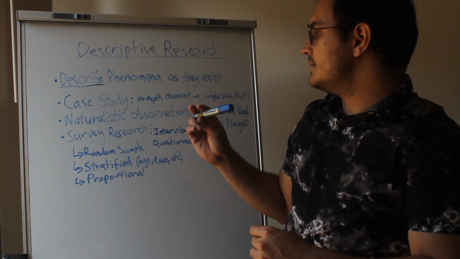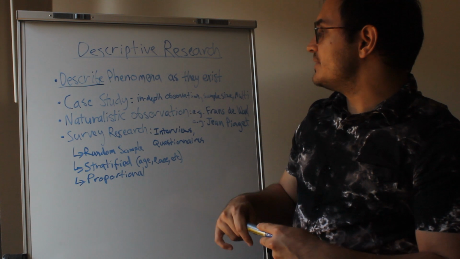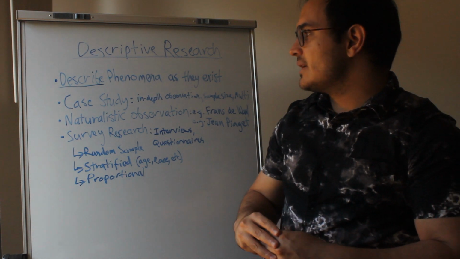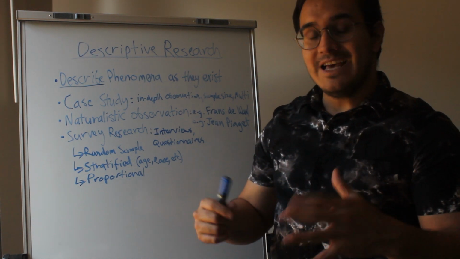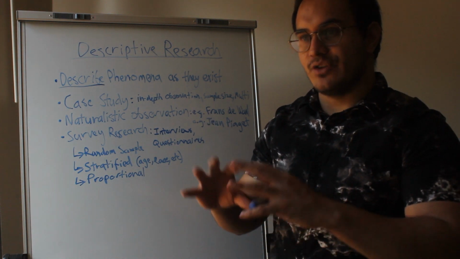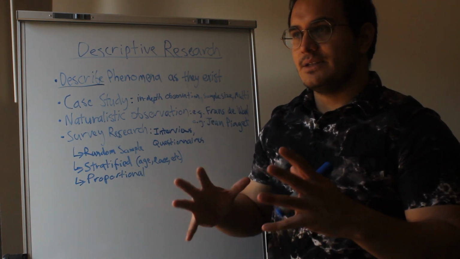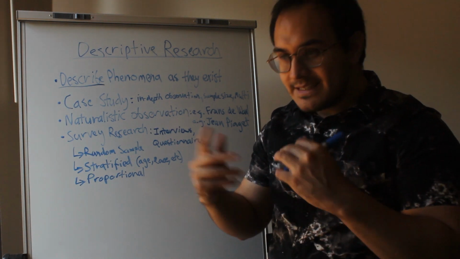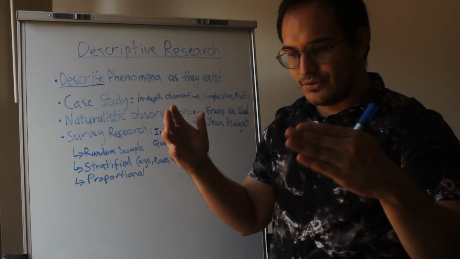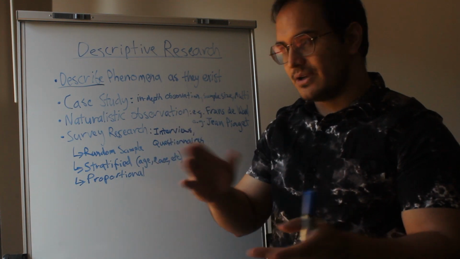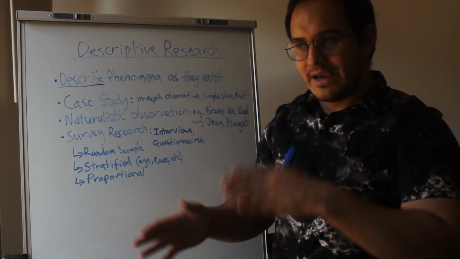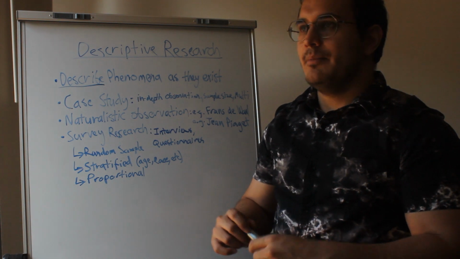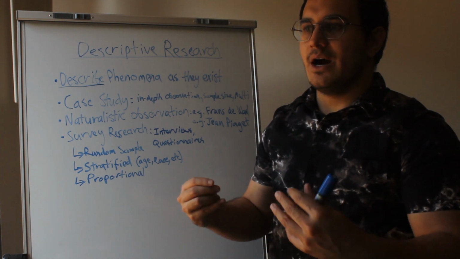Okay, so that's basically the descriptive research. So you describe phenomena as they exist, and it's descriptive. Okay, so it doesn't show causation. It can kind of hint at certain things. I guess if you do really in-depth analysis, you can come up with an argument as to why such and such is a certain way, but ultimately you can't really prove it.